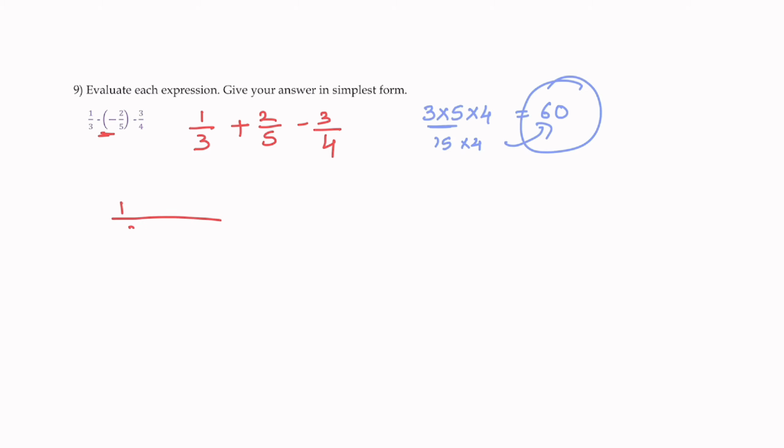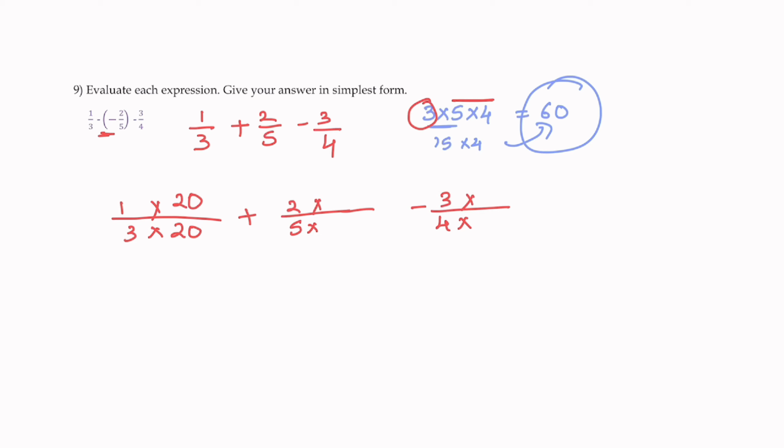So let's write all the fractions first as it is, and then we see what number we have to multiply with. And that's done. Now, 3 times 20 gives us 60, right? So if you take out this 3, what are we left with? 5 times 4, which is 20. So that way we know what we have to multiply. Same thing over here. We are talking about 2 over 5.